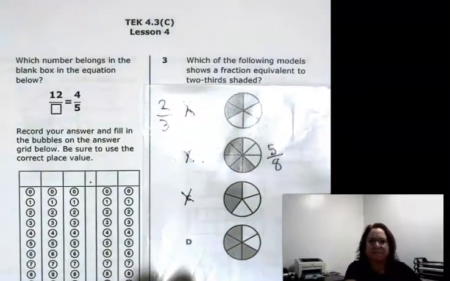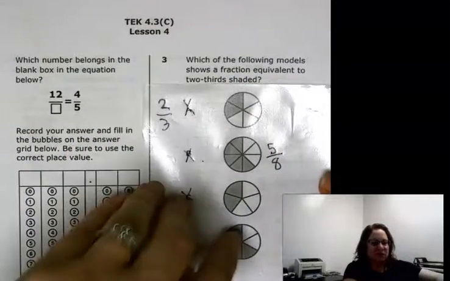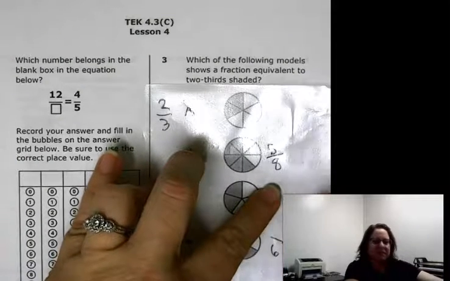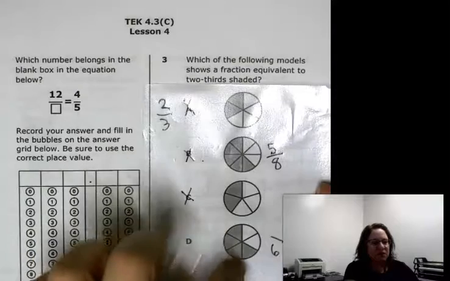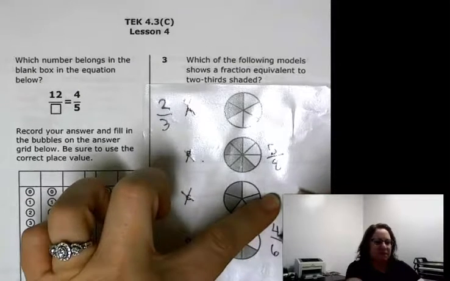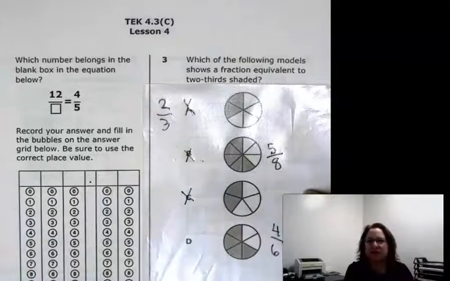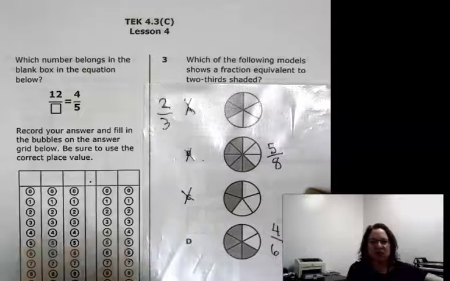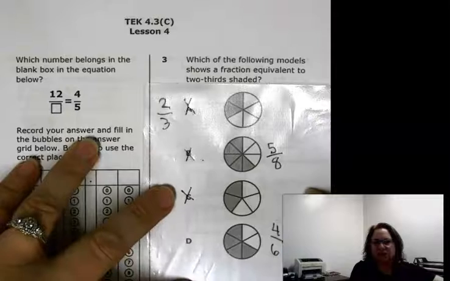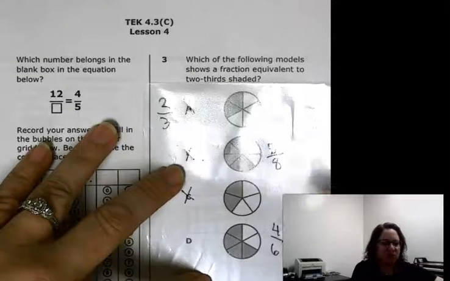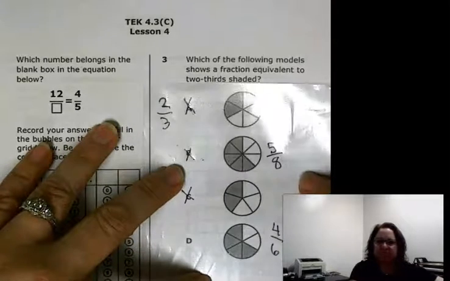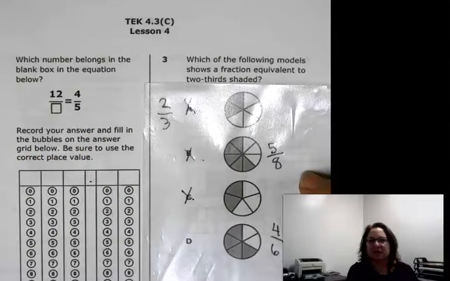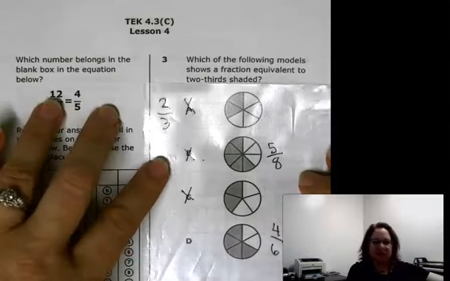Let's double check. We'll count the total number of pieces. 1, 2, 3, 4, 5, 6. So our denominator is 6. And 1, 2, 3, 4 of those are shaded. Okay, you can pretty easily see that 4/6 is equivalent to 2/3 from looking at it, or you can also do division. 4/6 divided by something equals 2/3.